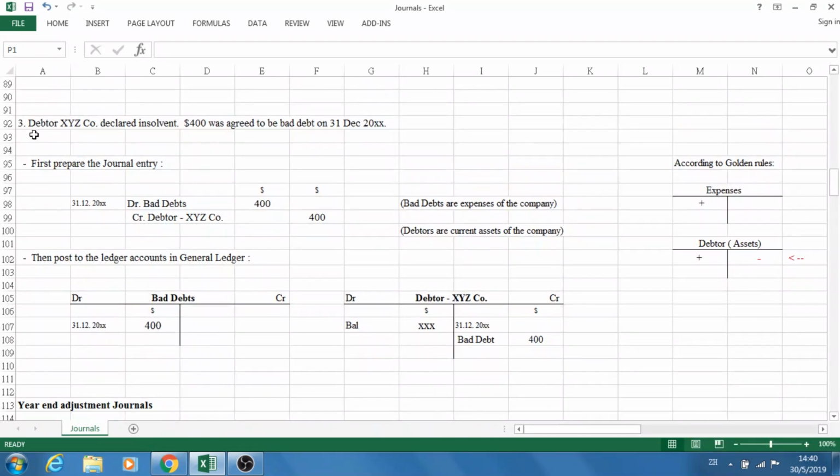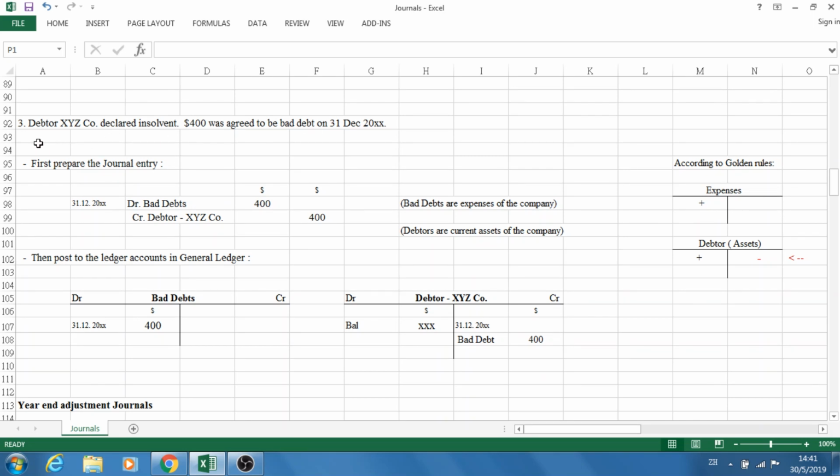Example 3. Debtors XYZ company declared insolvent. 400 was agreed to be bad debt on year end. Bad debt is a kind of expenses. Debtor declared insolvent.